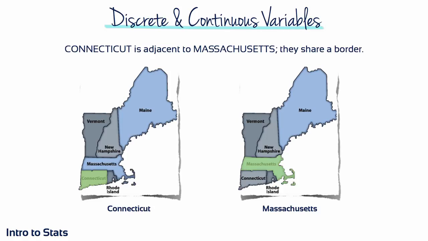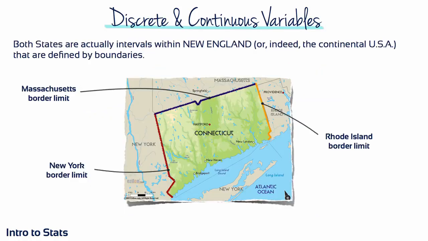Connecticut is adjacent to Massachusetts. They share a border. Both states are actually intervals within New England that are defined by boundaries. Although physical location is continuous, the category location we call Connecticut is a fixed interval defined by the New York, Massachusetts, and Rhode Island borders.